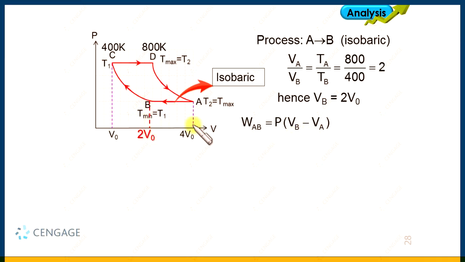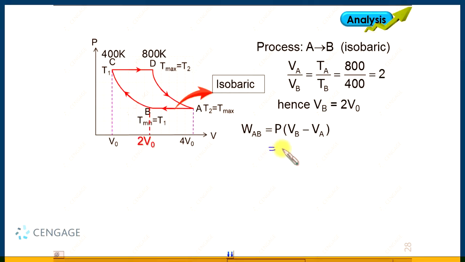At position B, the volume is 2 V naught, and at position A we have 4 V naught, but we do not know the value of P, right? But if we multiply P in this equation, we will have P VB minus P VA, correct? And from the ideal gas equation, we can write nRTB minus nRTA.